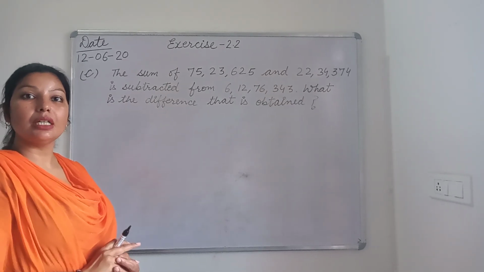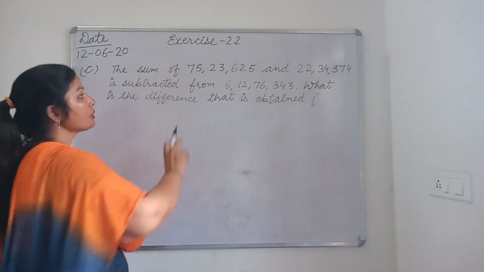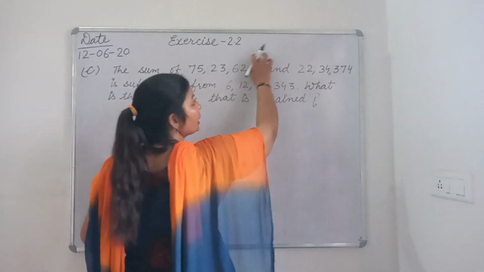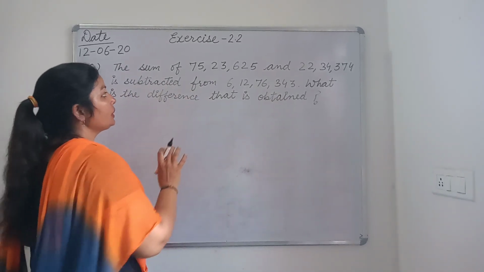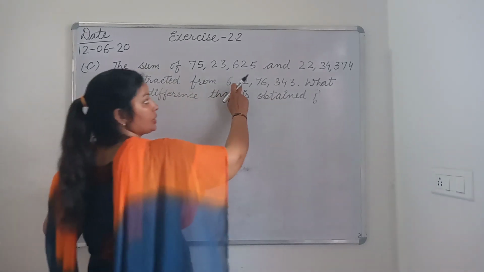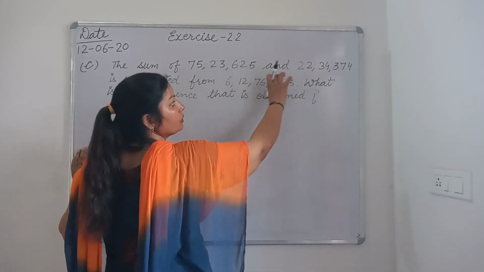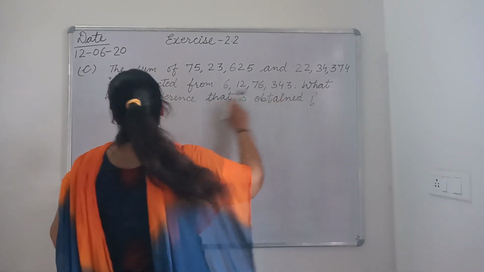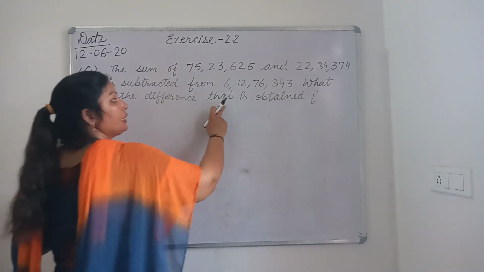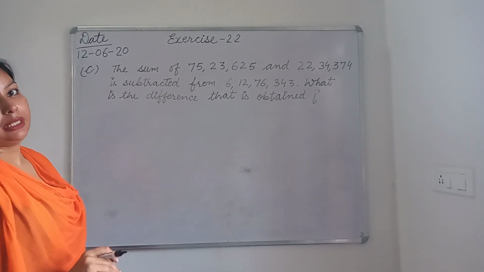Sum is the answer of addition is called sum. That means the sum of these numbers. So, first of all, we should add these two numbers. Okay. And that should be subtracted from this number. This sum of these two numbers we should subtract from this number. So what difference you will get, that you have to write.